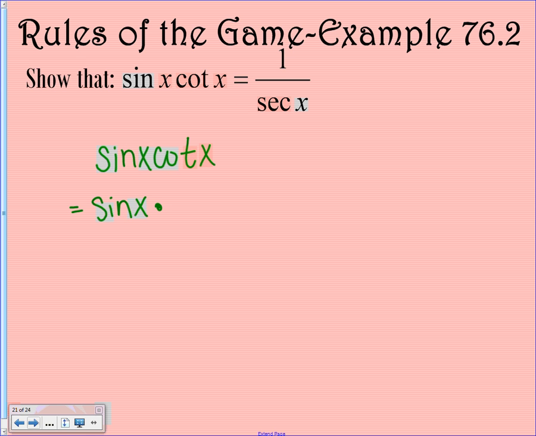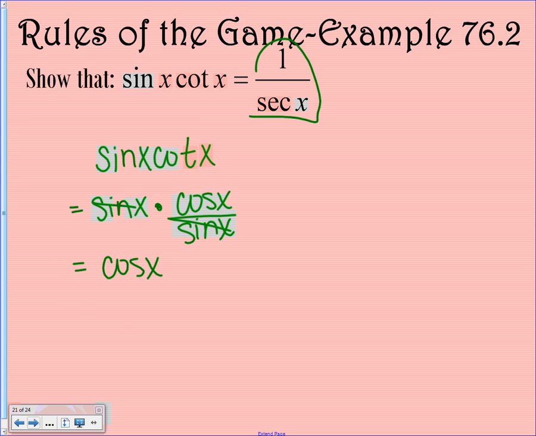We want to rewrite cotangent. So cotangent is cosine over sine. And so now we can simplify by canceling out those sines, and I just have cosine. But that's not what I have over here on the right side. But cosine does equal 1 over secant. And so now that it equals this, I have my answer.